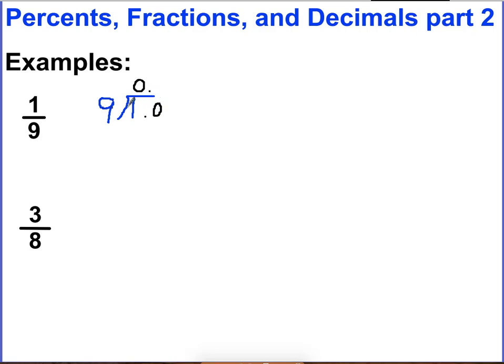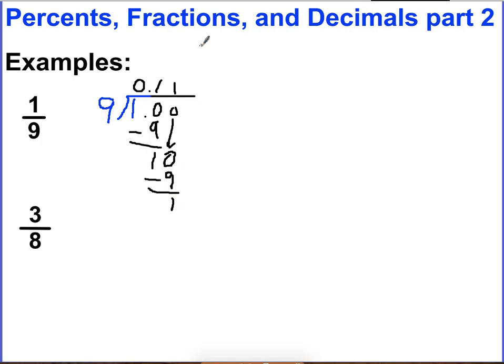How many times does 9 go into 10? I'm going to extend my line here. 1. So 1 times 9 is 9. Subtract, we get 1. Let's put another 0 here, drop it down. 9 goes into 10 once. And I should start to see a pattern here.